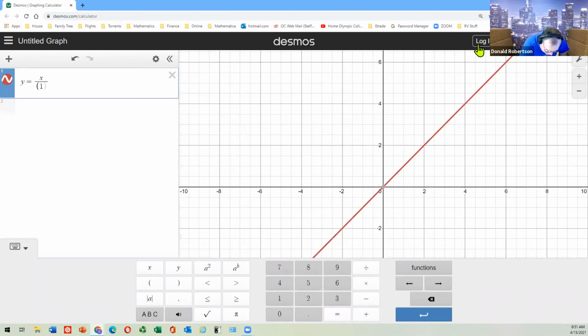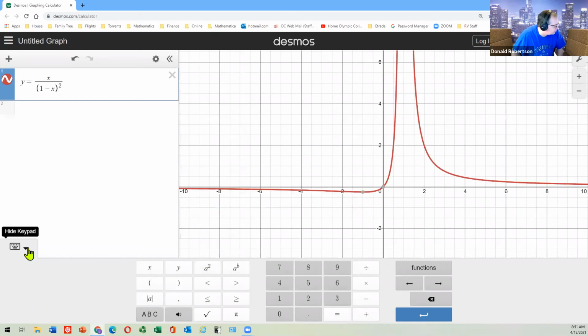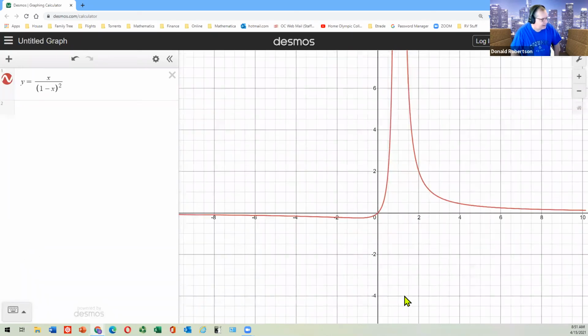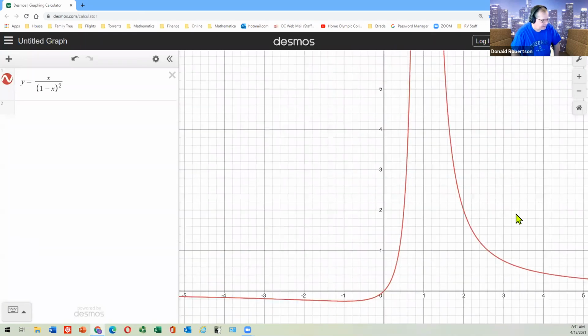So 1 take away x, close the little guy, and I'll hit the square button, and then I'll make this go away. And I might even zoom in a little bit. Is there a volcano at 1? Yes. Table of values verified what the graph says.